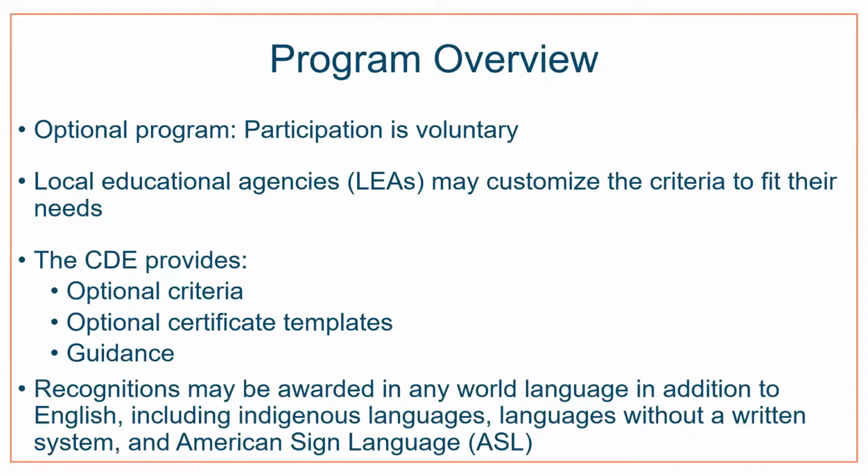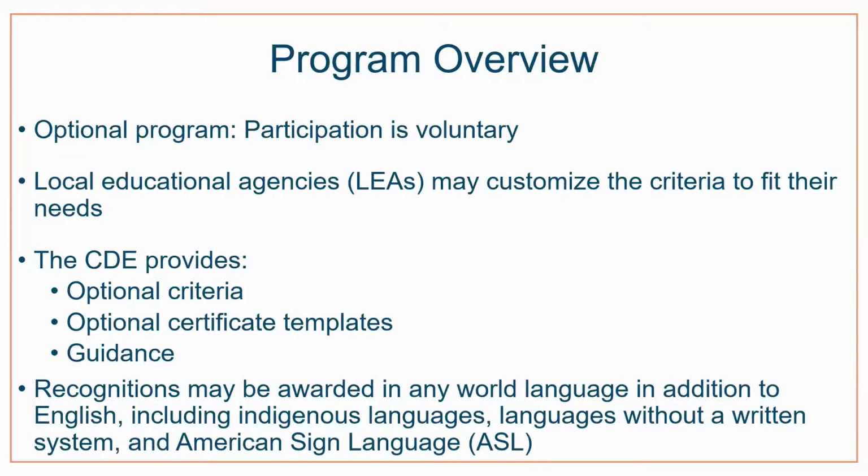The Biliteracy Pathway recognitions are an optional program and participation is voluntary. LEAs may customize the criteria to fit their local needs and to ensure that the criteria reflects the program goals. Unlike the State Seal of Biliteracy, this program is not established in California Education Code, and therefore the criteria are suggested only and may be modified.